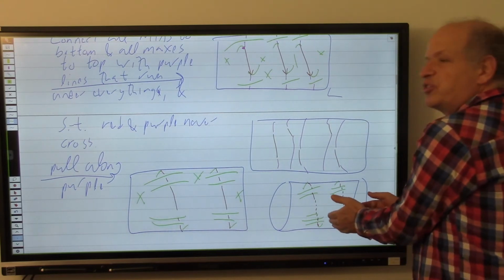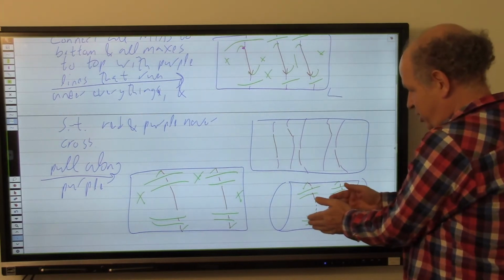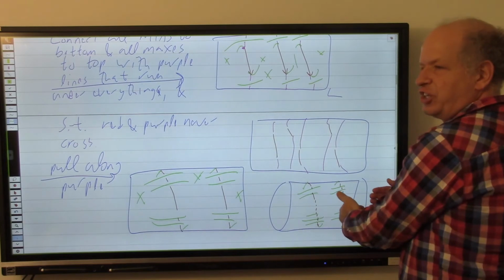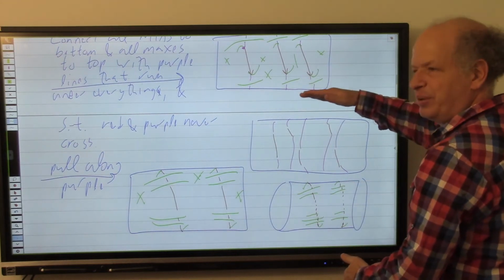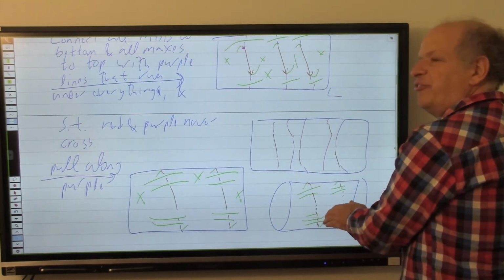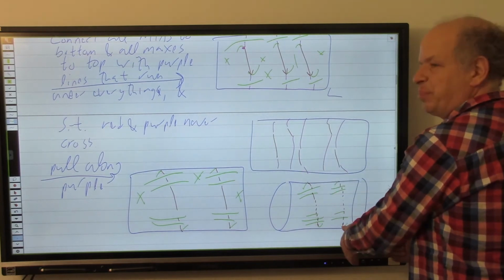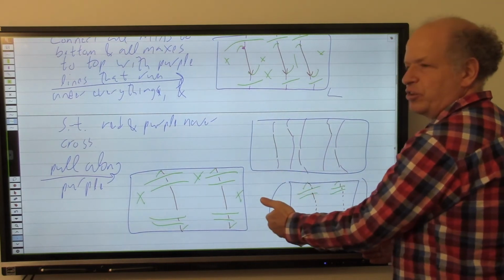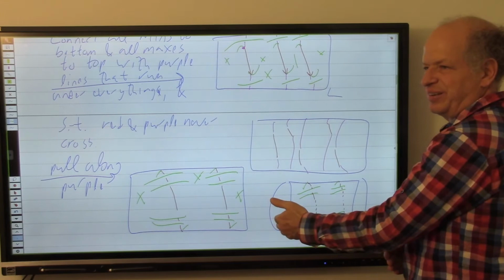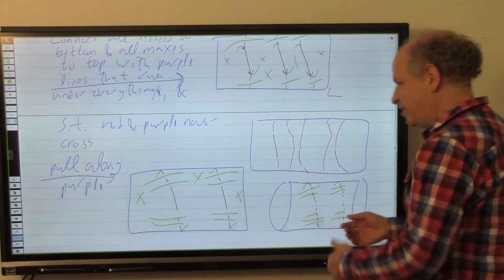But this is a closed braid. So now in front everything is green. Green means points up, and we close stuff in the back with an identity permutation, because the red things never cross each other. Okay, so this is a closed braid.